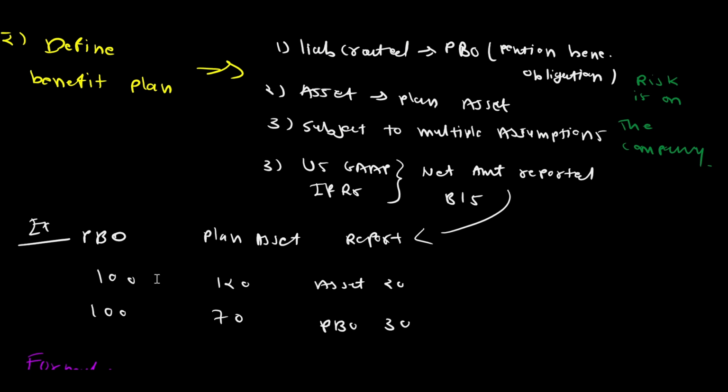If the PBO is 100 and plan asset is 120, an asset is reported as 20, and if PBO is 100 and plan asset is 70, a liability is reported at 30 only.